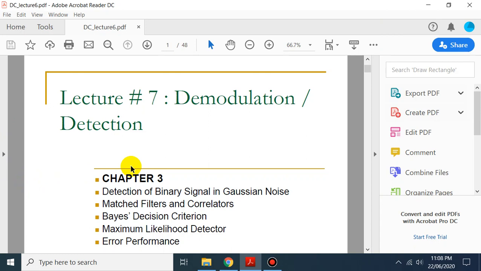Then we moved to the digital modulation techniques that we use in digital communication. We have already studied various topics like linear codes and different digital modulation techniques.